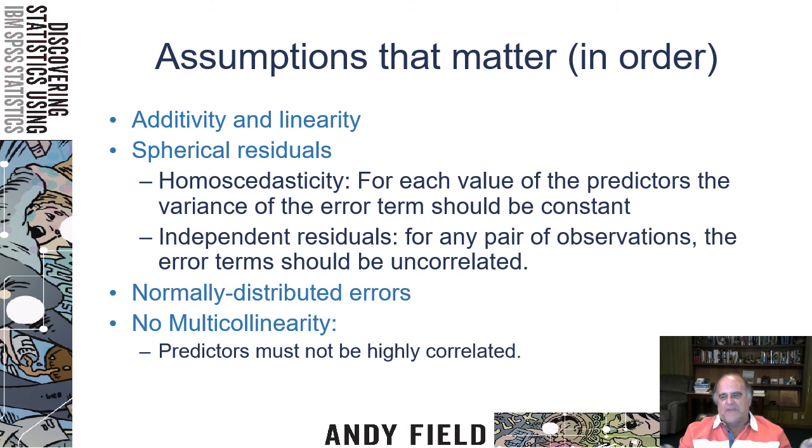Oftentimes, age and years of experience are going to be almost perfectly correlated for faculty. So you have two variables that are extremely highly correlated. What might happen then is age gets a positive B as a predictor of salary, but experience, even though it's positively correlated with salary, gets a negative B.